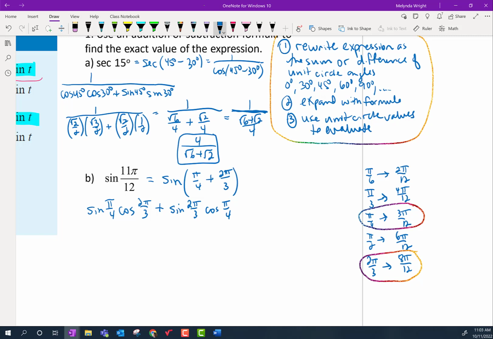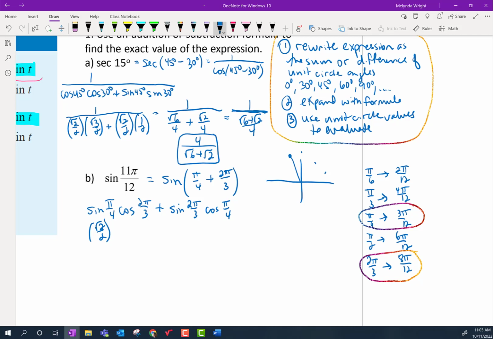Okay, so pi over 4, I really kind of like the 45, 45, 90s, don't y'all? The unit circle values are always root 2 over 2, either positive or negative, right? So sine of pi over 4 is root 2 over 2. Now cosine of 2 pi over 3, I'm going to have to do a little unit circle. Let's see, 1 pi over 6, 2 pi over 6, 3 pi over 6, 4 pi over 6. 4 pi over 6 is 2 pi over 3, so that's this one right here.